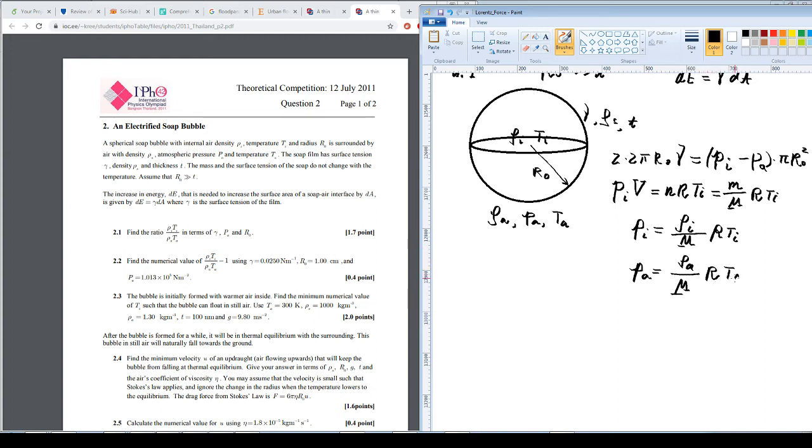Okay, so 4 pi r naught gamma equals, it becomes a density and temperature difference, rho I Ti minus rho A Ta, times R over molar mass times pi r naught squared. Okay, that's where the ratio is coming from. r naught is the radius, R is the ideal gas constant.